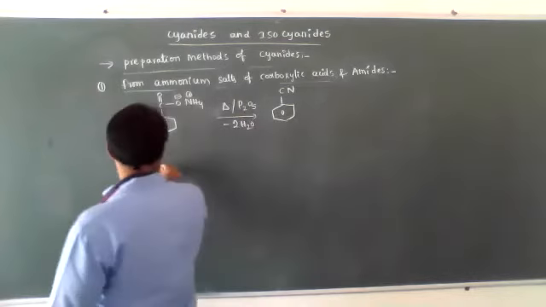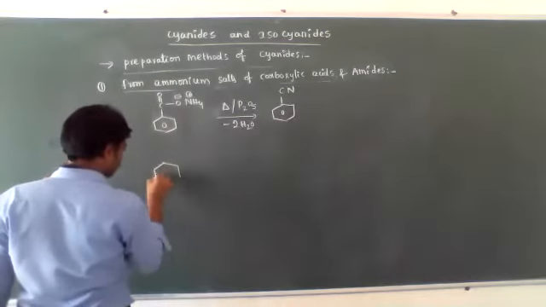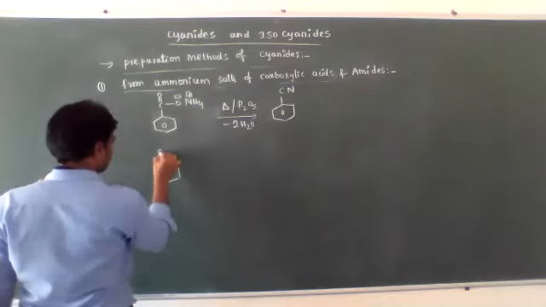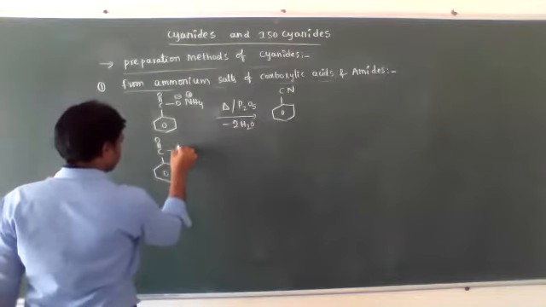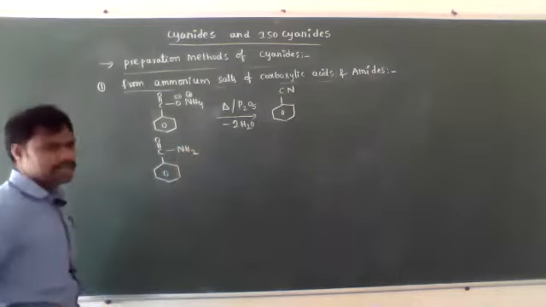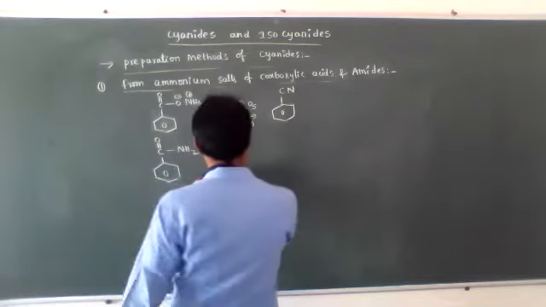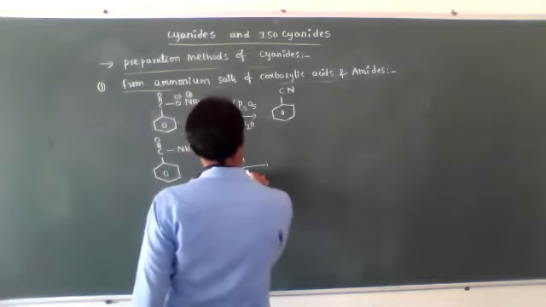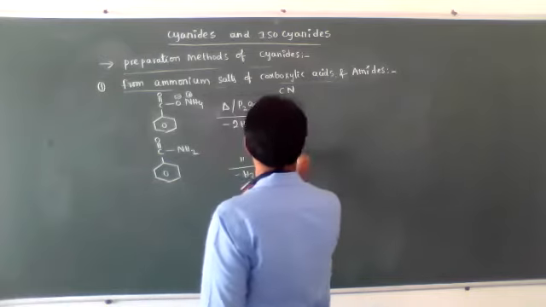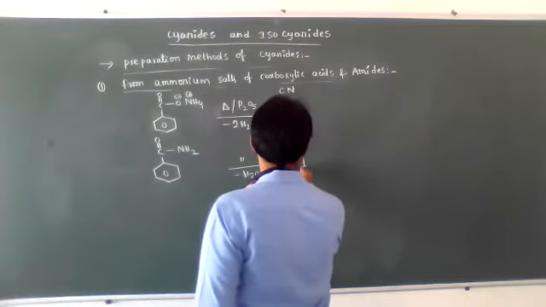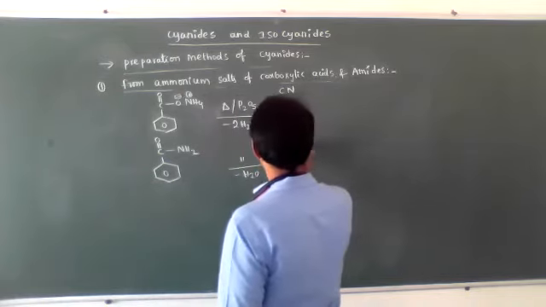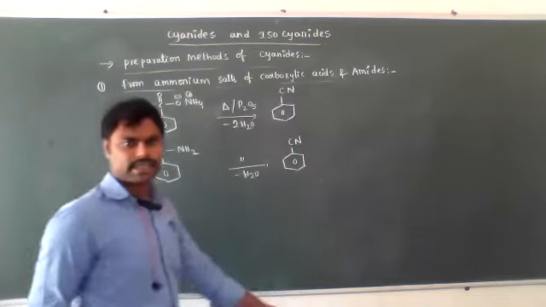Okay, and otherwise benzamide, aromatic amide we have to take, loss of one water molecule, then we are getting C6H5CN, phenyl cyanide we are getting.